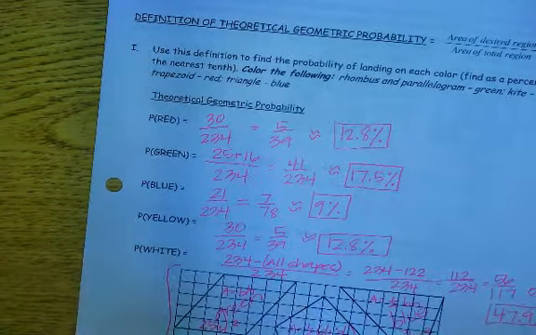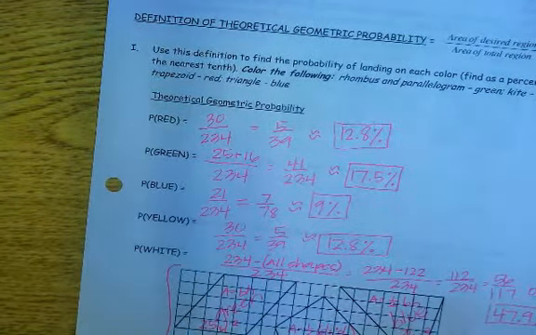And then when you're finished, take your fractions and put them over 20 and figure out your experimental probability.